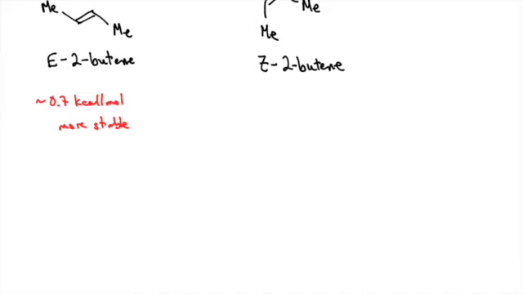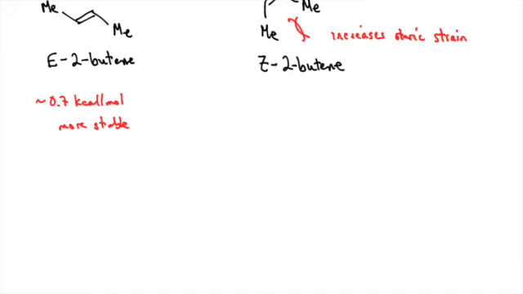And the reason why this is more stable is because it has those two methyl groups on opposite sides of that double bond. And so in the Z-2-butene, you have a van der Waals interaction when those two methyl groups come into close contact with one another. And those two methyl groups are lying cis along that double bond. This increases the steric strain of the molecule ever so slightly so that it's higher in energy.